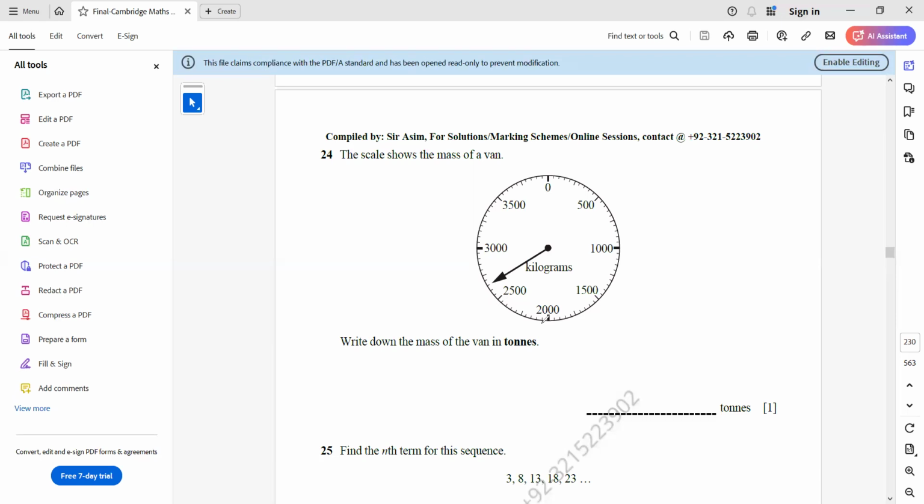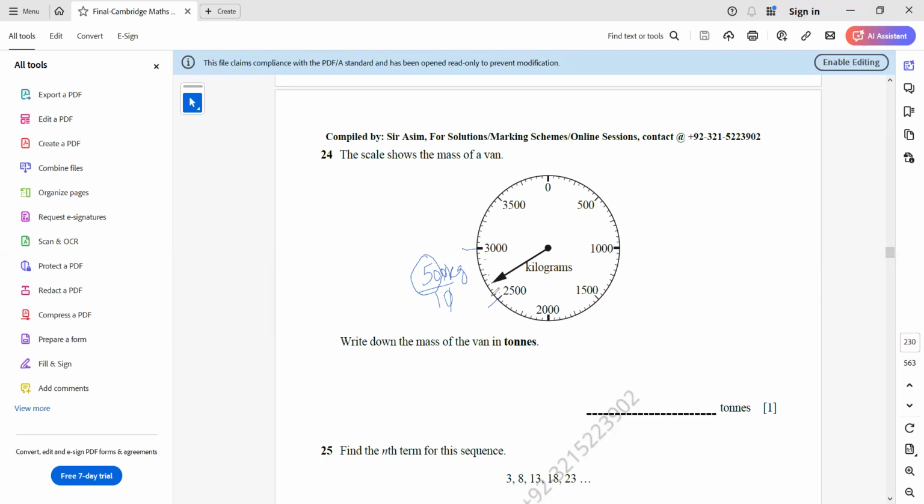You see, from this till this is 500 kilograms. And then 1, 2, 3, 4, 5, 6, 7, 8, 9, 10. You need to divide it by 10. So that means one unit is representing 50 kilograms.